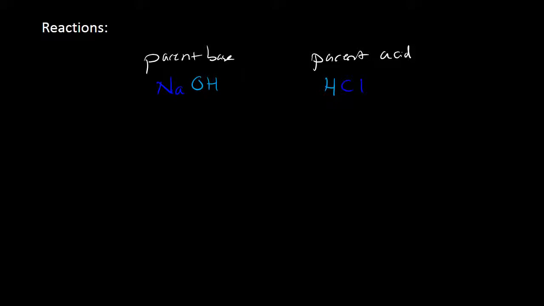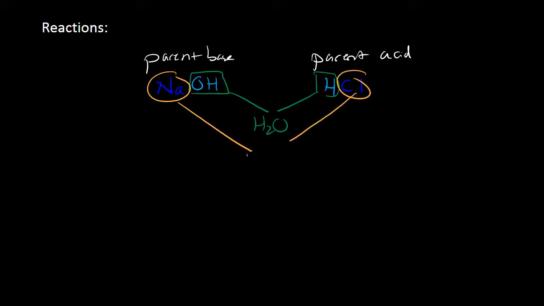So we have our strong acid, strong base. Now, if you take a look, that OH and the H from the acid and base make H2O. And that Na and Cl from the base and the acid make NaCl. It makes a salt. That is very characteristic of an acid-base reaction: you typically make water and you're going to make a salt. And that's how it works.